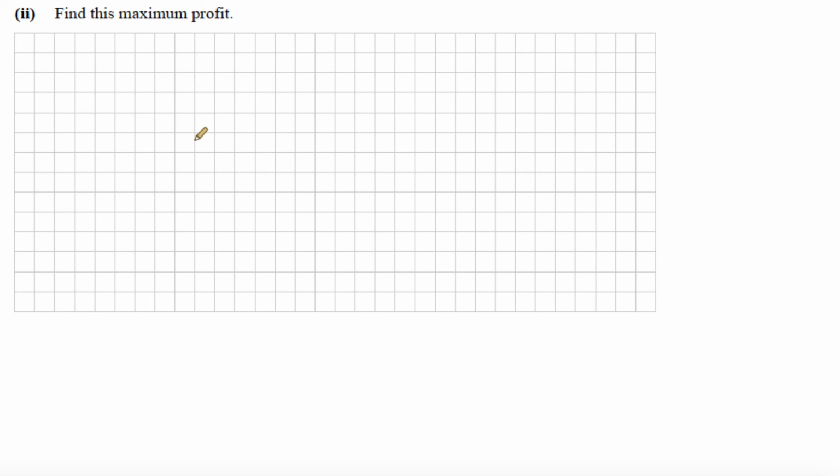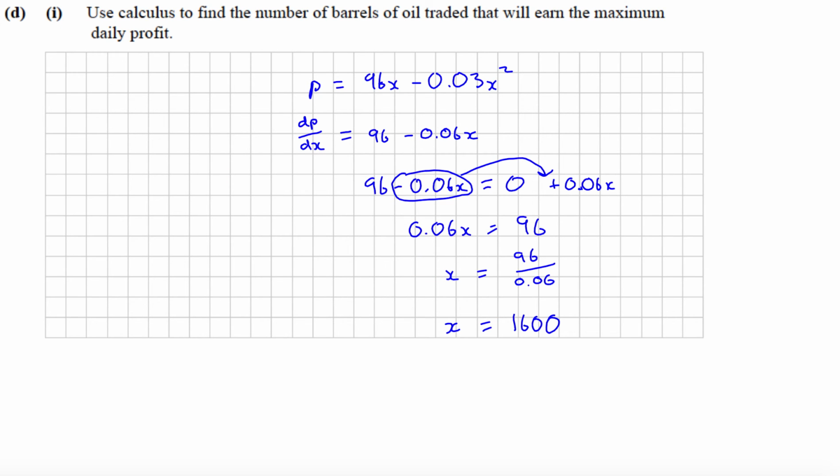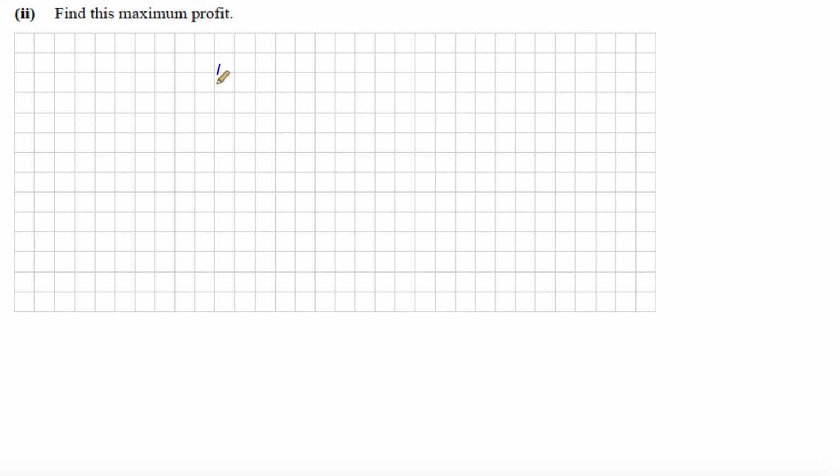Part D2 says find this maximum profit. So if we're trying to find the maximum profit, well, we know the maximum profit is when 1600 barrels are sold. So let's just put that into the profit function. The profit function was 96x minus 0.03x squared.